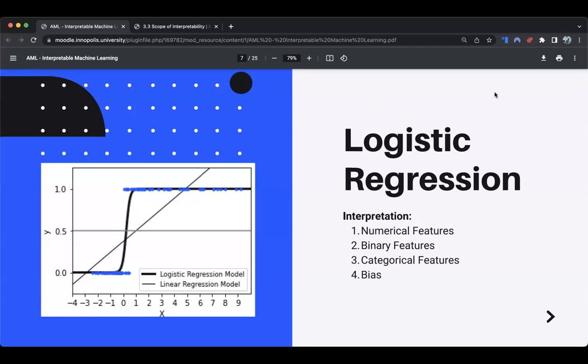Let me just start typing. Y is equal to ax plus b. Very easy. And then, of course, you will have a sigmoid function plus an if statement. If it is above 50% or 0.5, then you're good. If it's underneath 50%, then you are bad. So it's a very simple model to interpret and to understand.